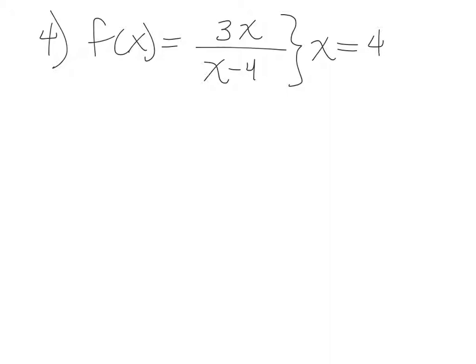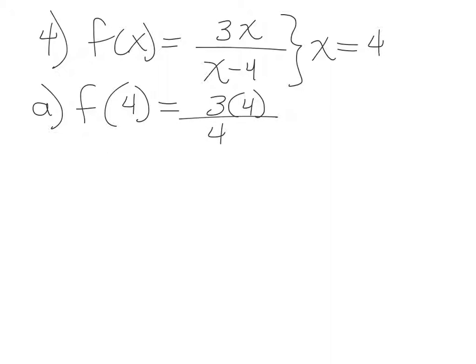So, first of all, we go with part A, that asks for the value of the function at x equal to 4. So it's 3 times 4 over 4 minus 4. And 3 times 4 is 12, 4 minus 4 is 0. So this is undefined.